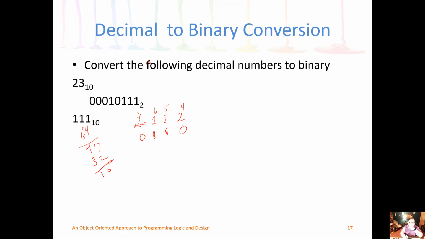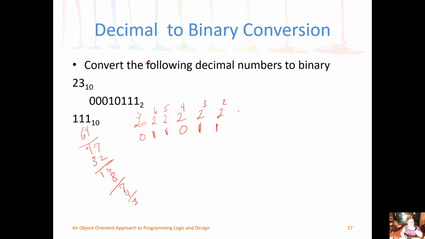Well, I can't put 16 into 15, so that's 0. 2 to the 3rd, which is 8. That's good. Gives me 7. 2 squared, which is 4. That's good. Gives me 3.